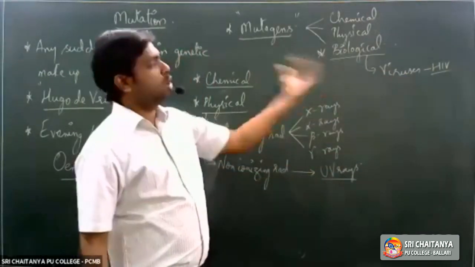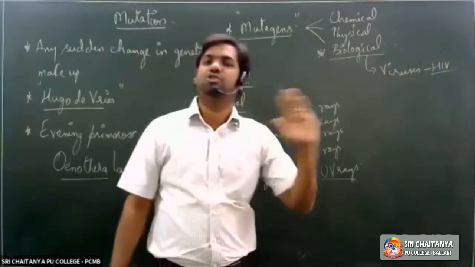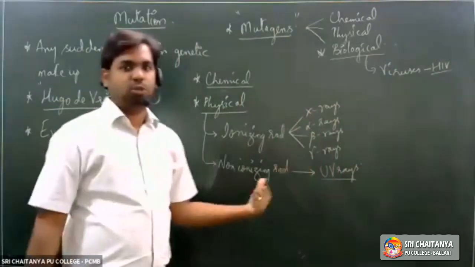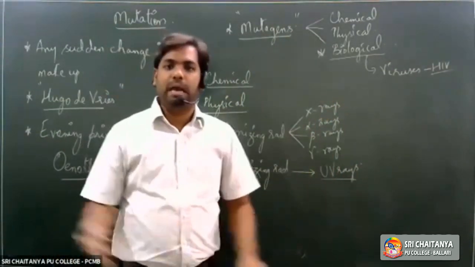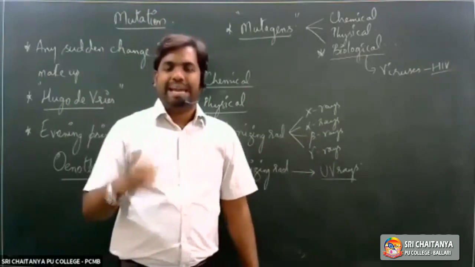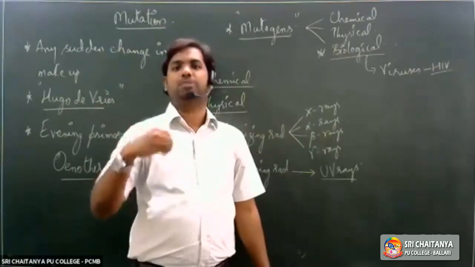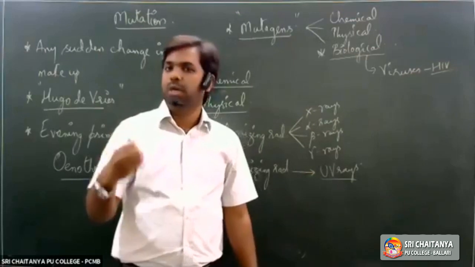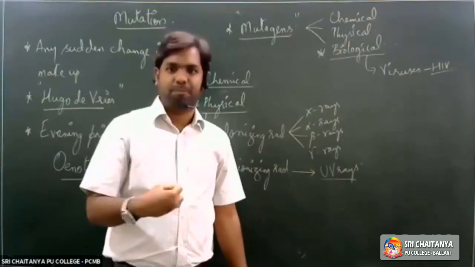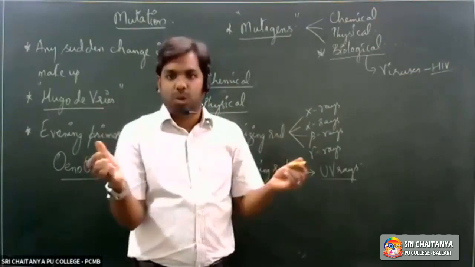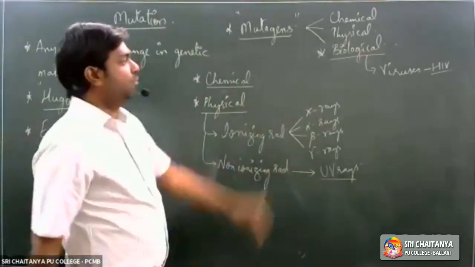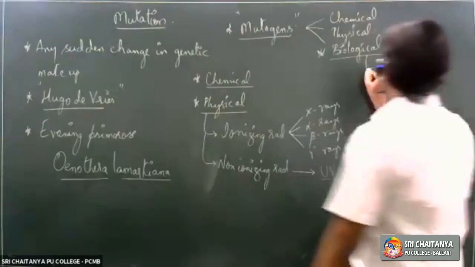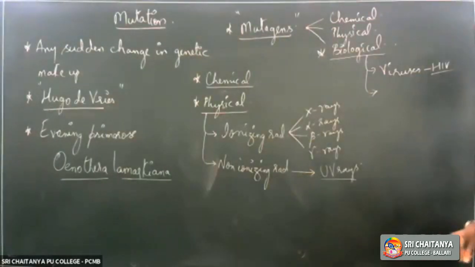So this virus also would lead to some sort of changes in the genetic makeup. We know how exactly HIV works, right? Whenever an HIV particle enters the body, what does it do? It starts integrating its genetic material into the human genetic material. Therefore, the human genome is being altered, bringing about some sort of mutation, right? So we have viruses acting as biological mutagens.